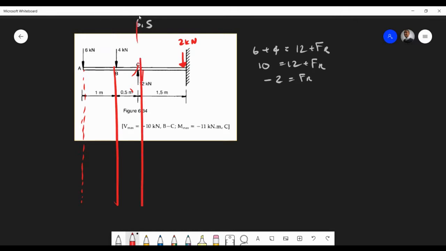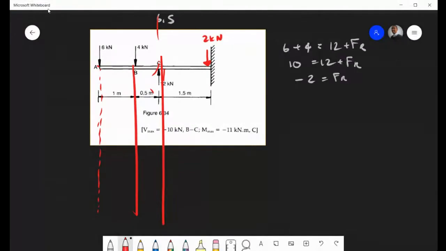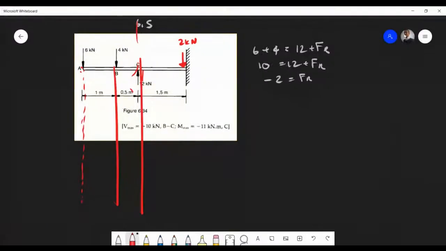Just bear with me. The lines were a bit thick, but it's fine.